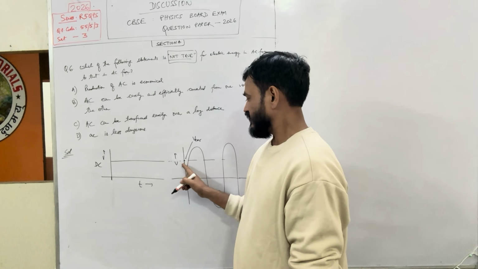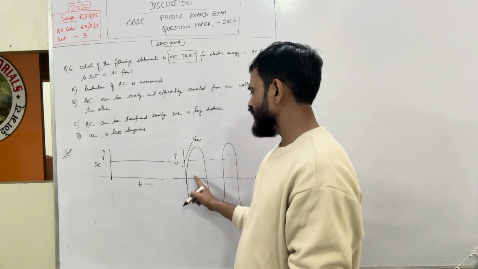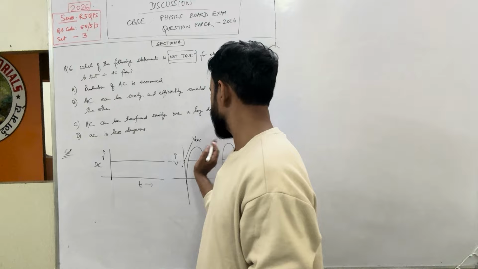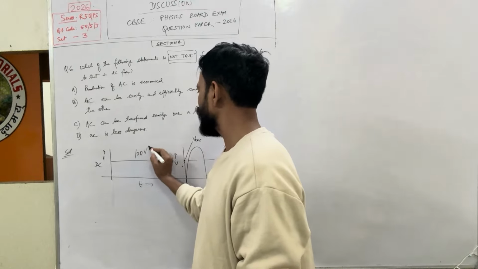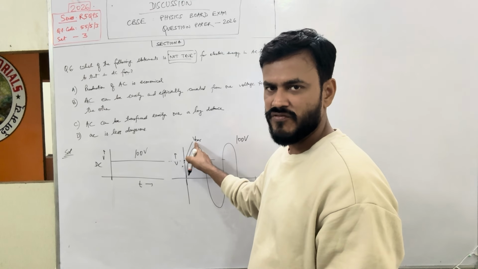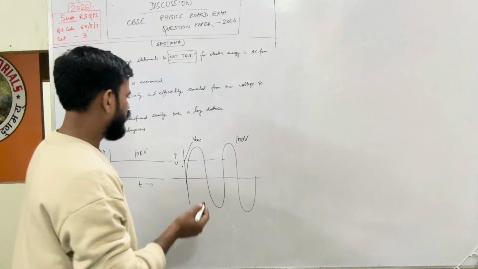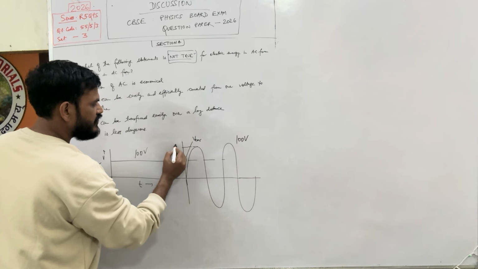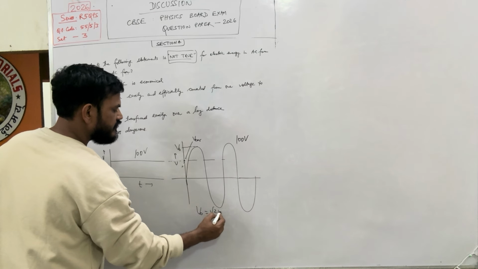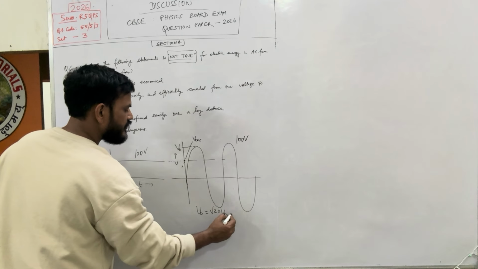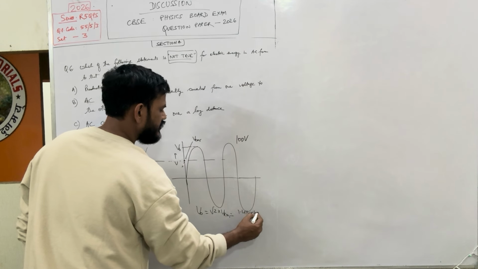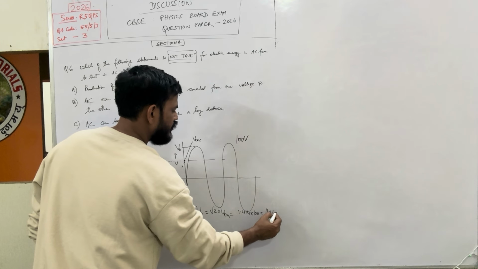Take a DC of 100 volt and an AC of 100 volt. 100 volt AC means VRMS is 100 volt. Now, what is its peak value? This is V naught, the peak value. So V naught is root 2 times VRMS. So it turns out to be 1.414 into 100. It gives 141.4 volt.